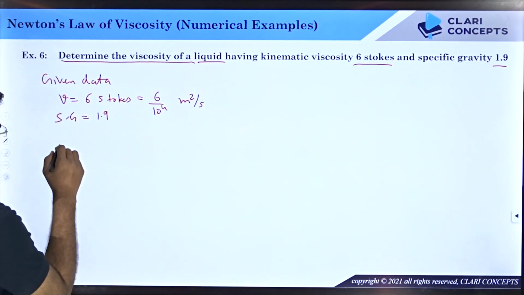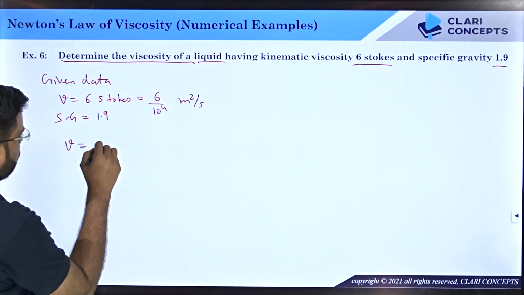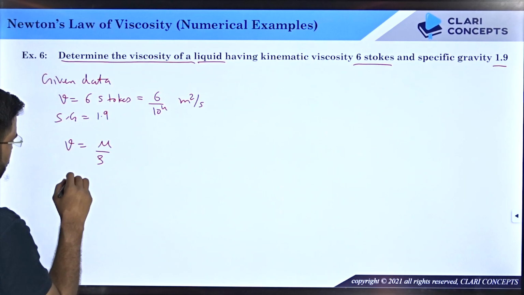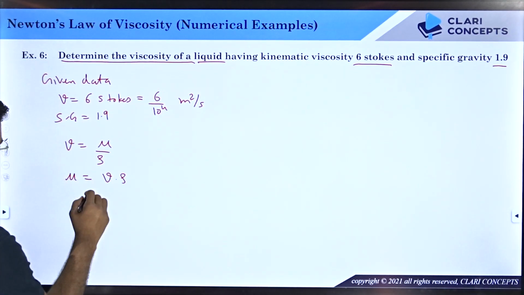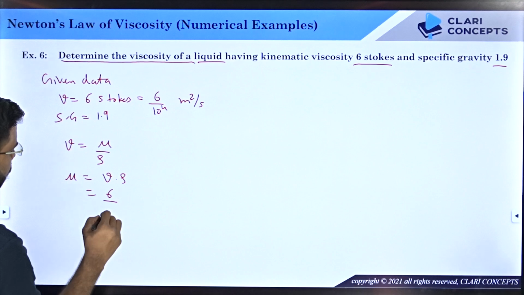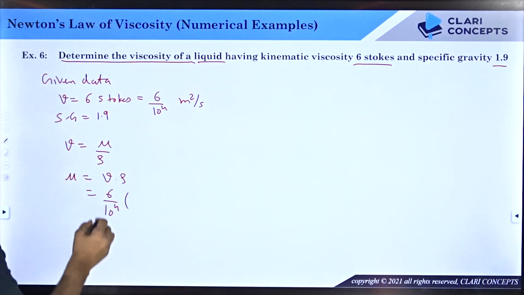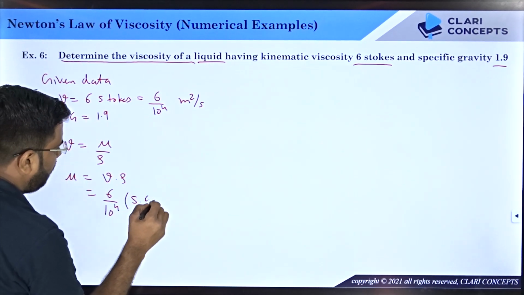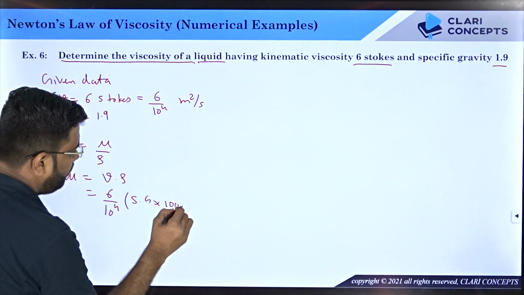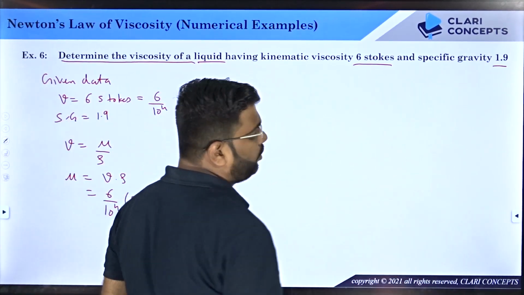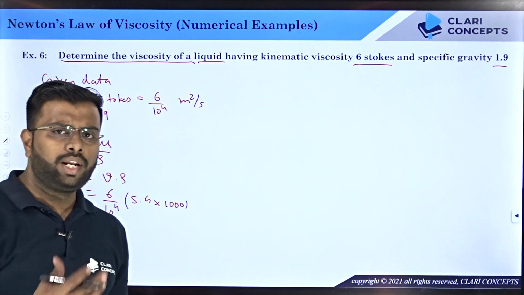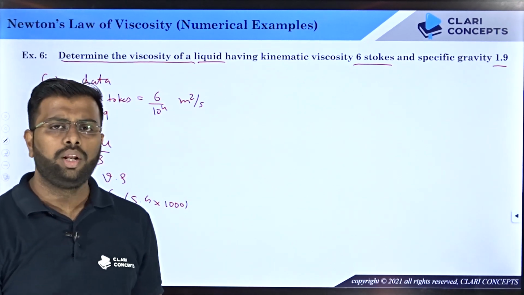So, dynamic viscosity mu. I know nu is equal to mu by rho. So, mu will be equal to nu into density. Yes. Now, nu I know is 6 divided by 10 to the power 4. What is density? Density is specific gravity into 1000, which means the density of water, right? So, if any specific gravity is given to you for any liquid, you multiply that with the density of water to get the density of that particular liquid.